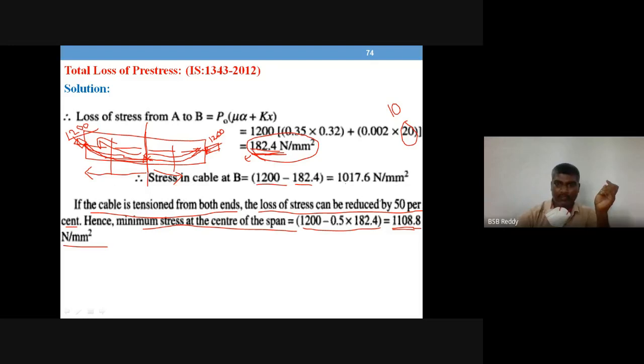If you use only one jack for a cable, the effective stress will be 1017.6 Newton per mm square. If you use two jacks for a cable, the stress remaining after losses will be improved to 1108.8 Newton per mm square. That's all with this lecture.